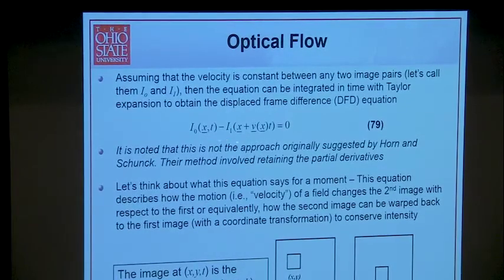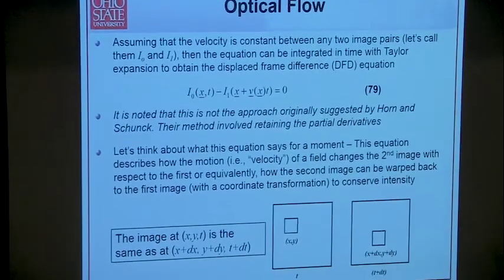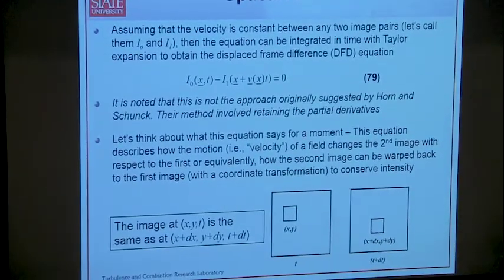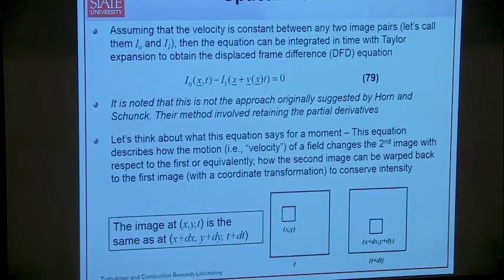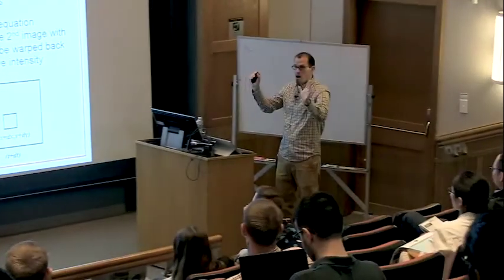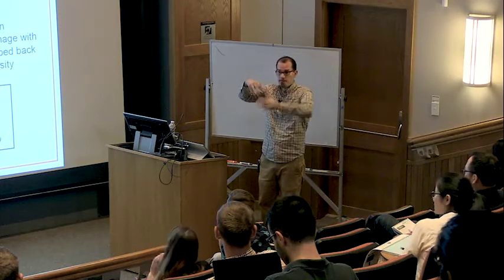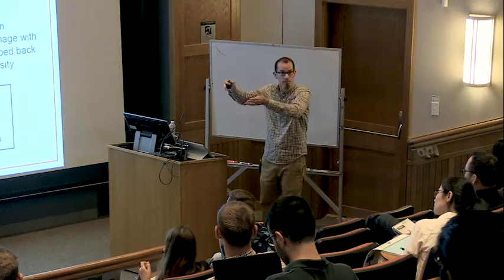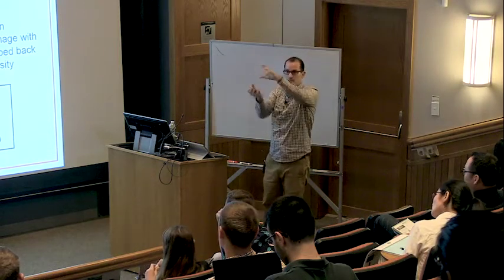So really, this describes how the motion, i.e. the velocity of the field, changes the second image with respect to the first, or equivalently, how I could warp the second image back to the first with a coordinate transformation. But again, if I assume that the intensity never changes, all velocity is doing is moving stuff around, or warping it. If it's pure advection, it's just moving it in place. And if it's got turbulence, it's just swirling around.